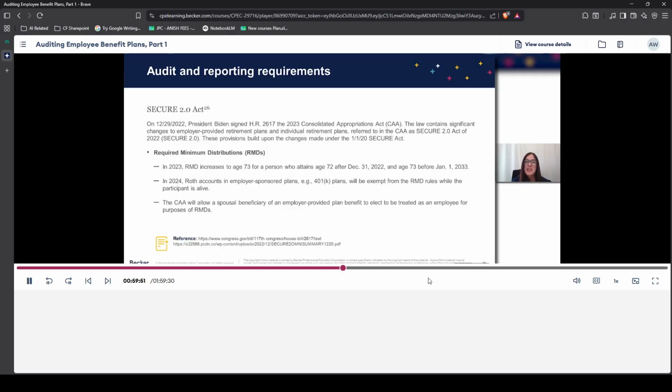So that's what it says. Some of these changes have a lot of numbers and a lot of dates, and you can go directly to the Secure Act itself to get more information on these items.